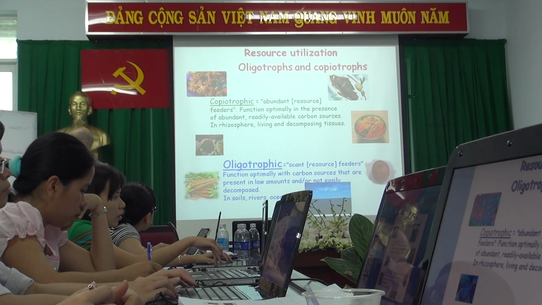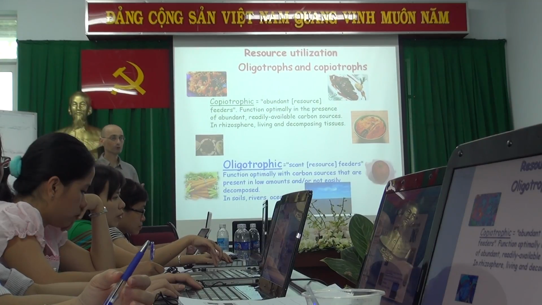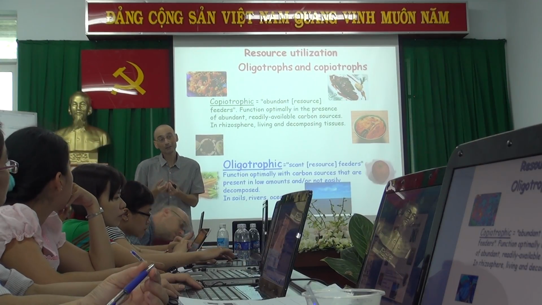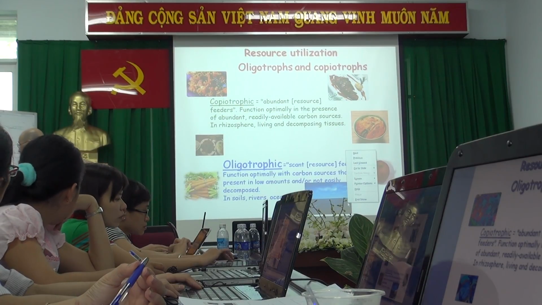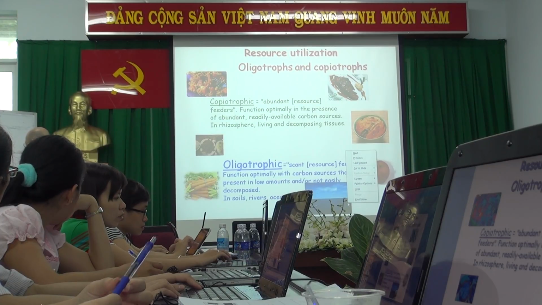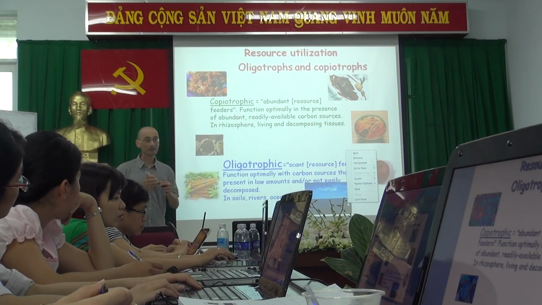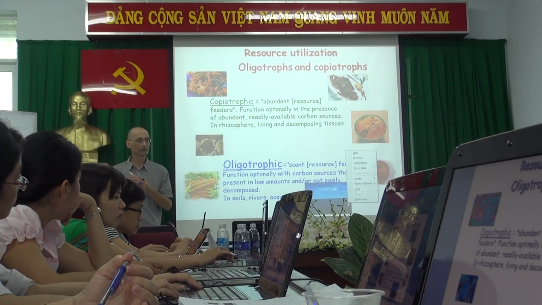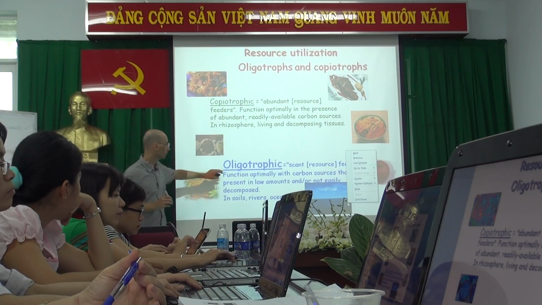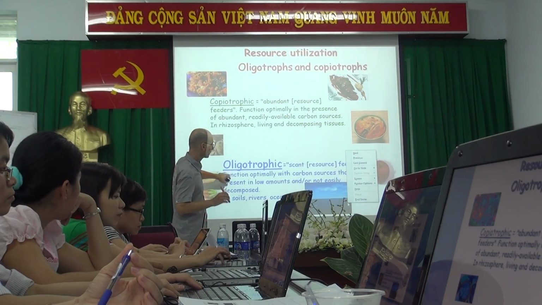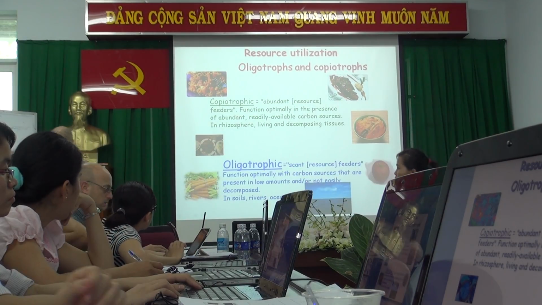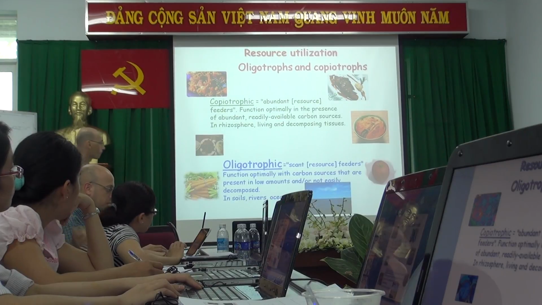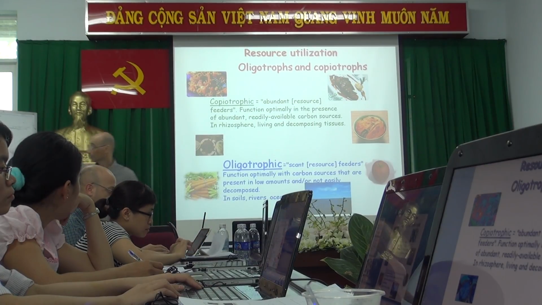Sugars, amino acids, proteins, fatty acids are easily broken down, but on the other hand, organic matter in soil, like the humus in soil, or organic matter in the sea, is stable organic matter that is broken down very difficultly, very slowly. So these oligotrophs function better when there's little carbon or carbon sources which are more difficult to break down. And you find them in soils, not in the rhizosphere, but in the mud, in the rivers, in the oceans, in other places.